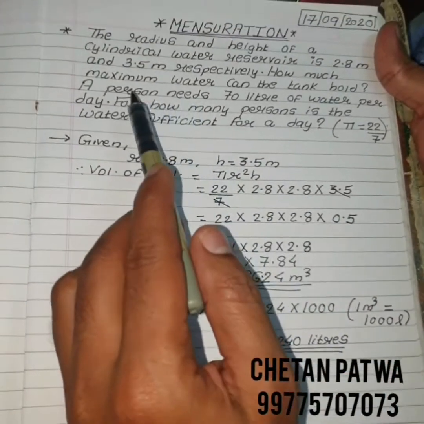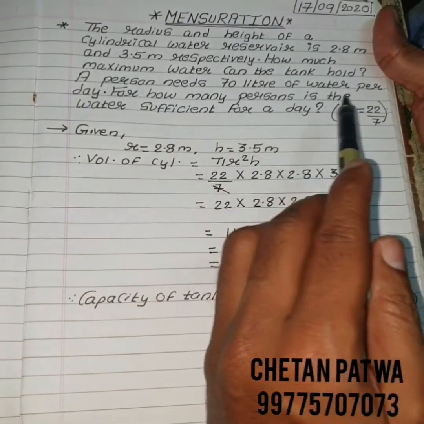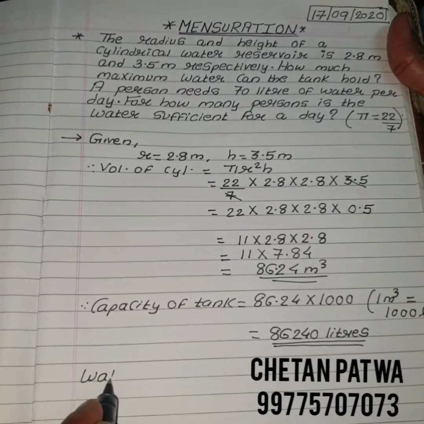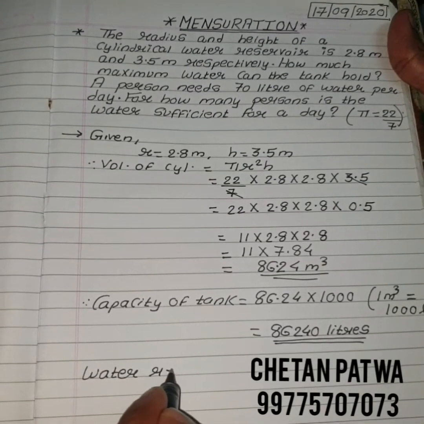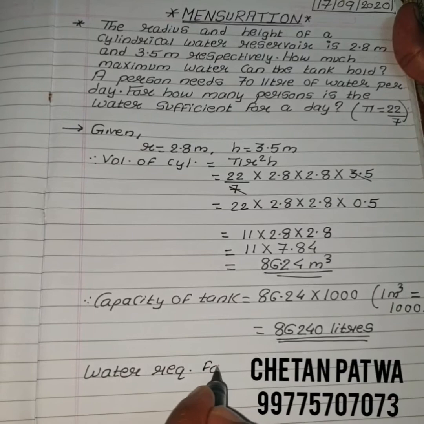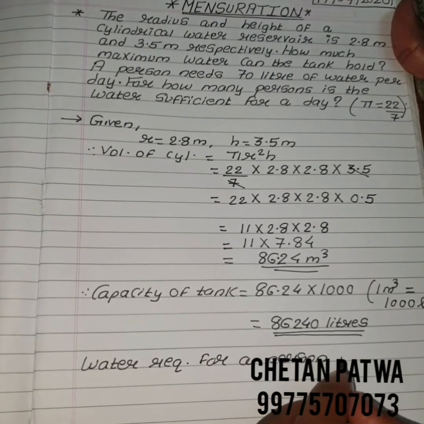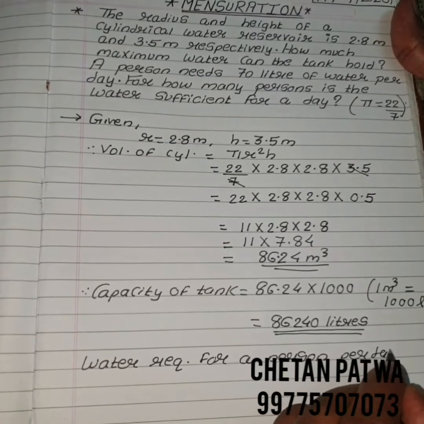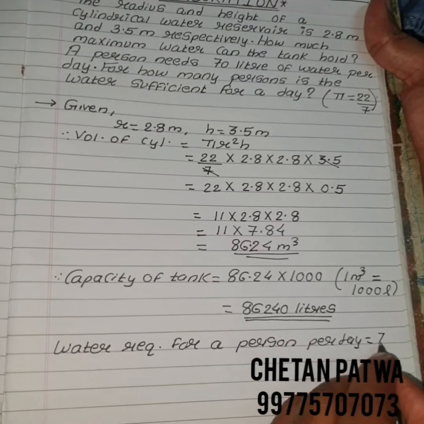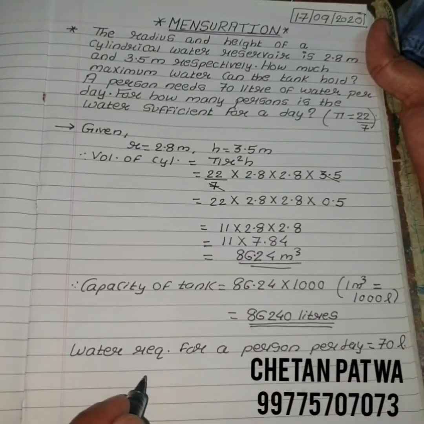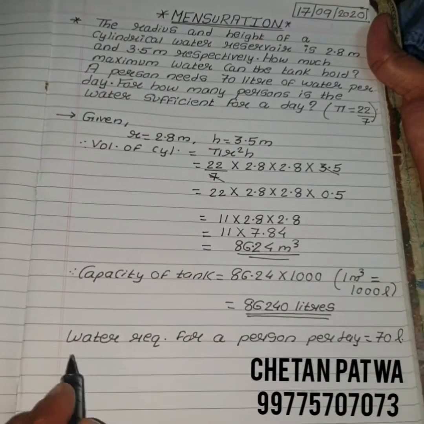Now what they have given us next? A person needs 70 liters of water per day. Water required for a person per day is equal to 70 liters. Now what we have to find out? For how many persons is the water sufficient for a day?